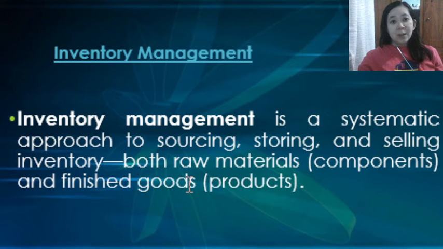This includes both our raw materials, which are the components used as an input to process and manufacture or produce a particular good, and also our finished goods, the ultimate finished products that we can already sell to our respective customers. So this is what we mean by inventory management: from sourcing, storing, and selling of the raw materials and finished goods.